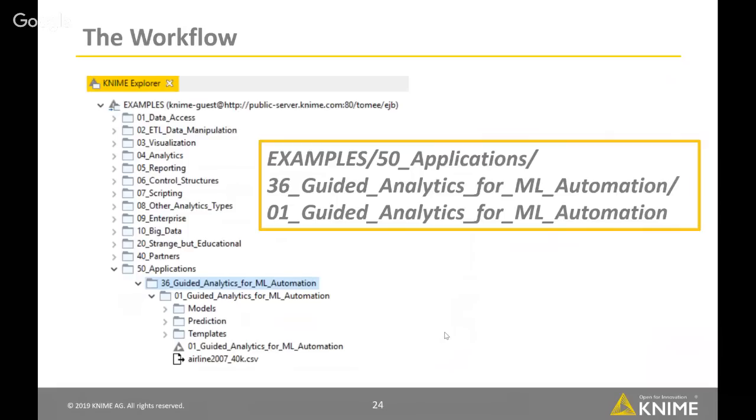And this helps to build workflows in KNIME. At this location precisely, which is in the folder 50, 36, Guided Analytics for Machine Learning Automation, you can download this entire folder, and you have full access to the entire workflow. So you can find it there.